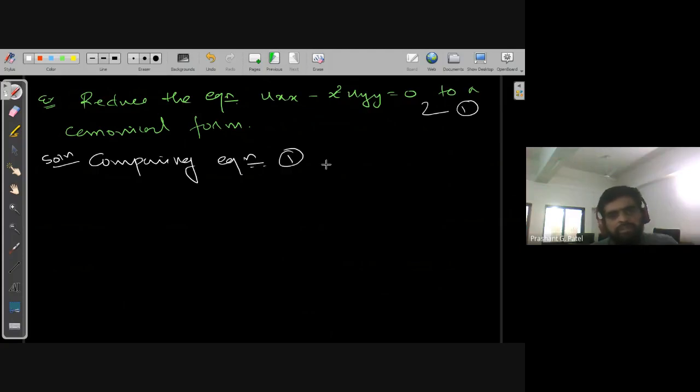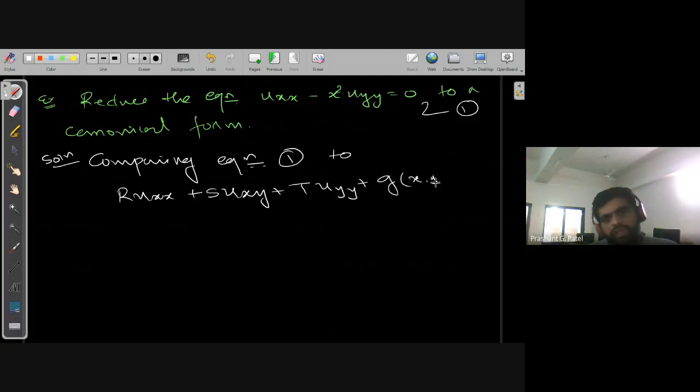I will say it is this, equation 2: R uxx plus S uxy plus T uyy plus some function g of x, y, ux, uy equal to 0, we get R equal to, R is the coefficient of uxx, that is 1.